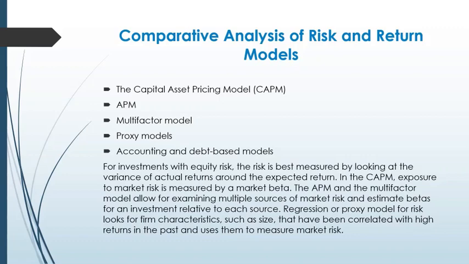The APM and the multi-factor models allow examining multiple sources of market risk and estimating the betas for the investment related to each source. The proxy models look for firm characteristics, such as size, that have been correlated with high returns in the past and use them to measure market risk.